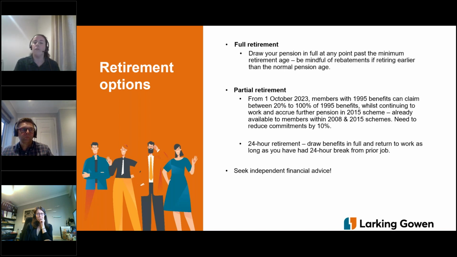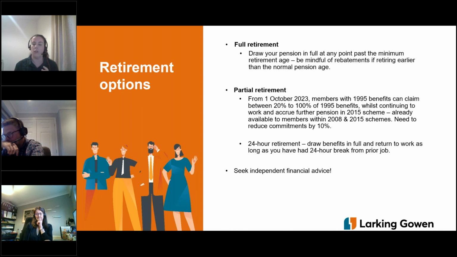Now, you may do that for the 95 scheme, and you could then, if you wanted to, continue in the 2015 scheme. Or we have partial retirement. This hasn't quite kicked in yet for the 95 benefits, but from October 23, if you reduce your commitment as a GP by at least 10%, then you can take a proportion of your 95 benefits while continuing to accrue further pension.